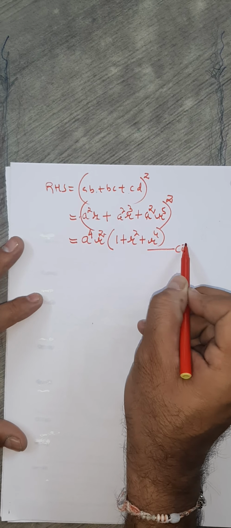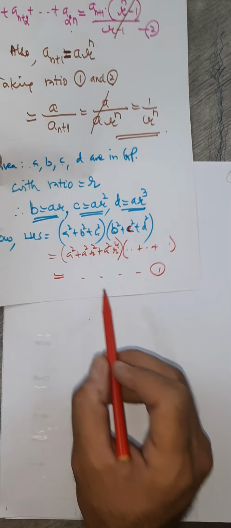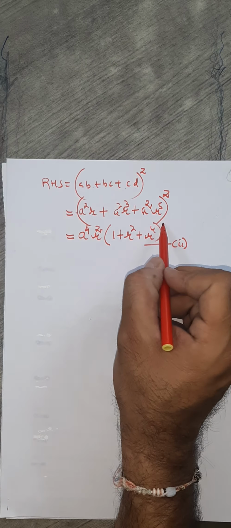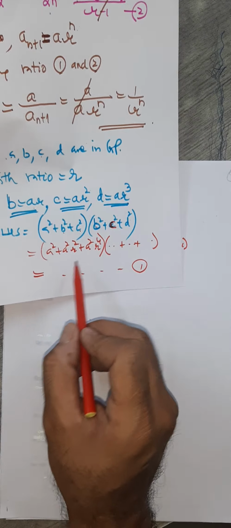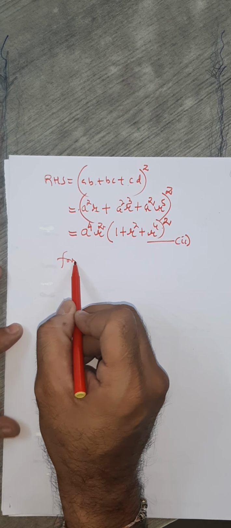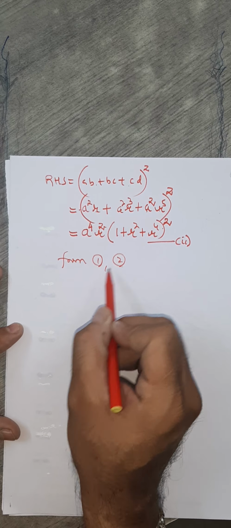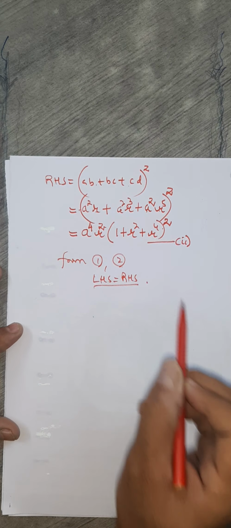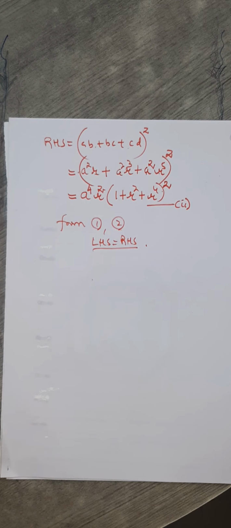Call this as 2. You will notice that here the 1 is exactly this. Whole square is there, I'm sorry. From these you will get the square. And from now 1 and 2 you have LHS equals to RHS. Fine.